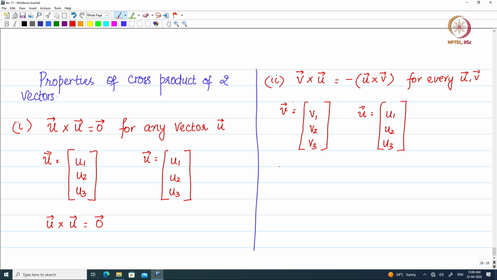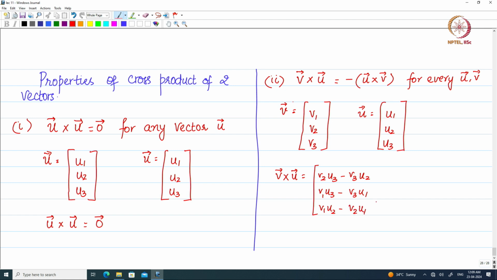The cross product of v cross u is nothing but v2 u3 minus v3 u2, v1 u3 minus v3 u1, and v1 u2 minus u1 v2 minus v2 u1.